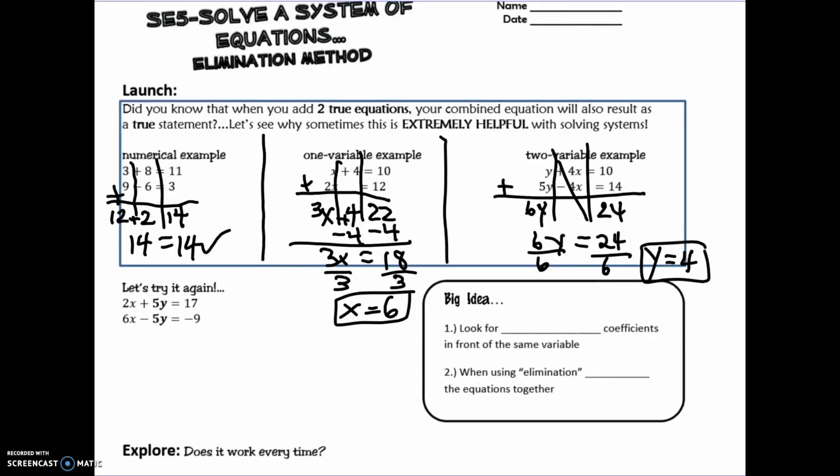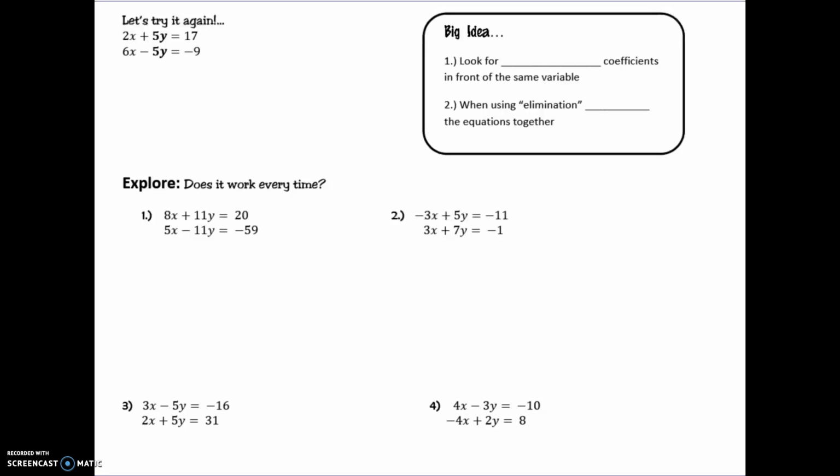If I wanted to solve this system, I could then continue and plug y into one of these equations to solve for x. So I'm going to do that and show you the full solving of a system in the next example. Now let's look at this system of equations. 2x plus 5y equals 17 and 6x minus 5y equals -9.